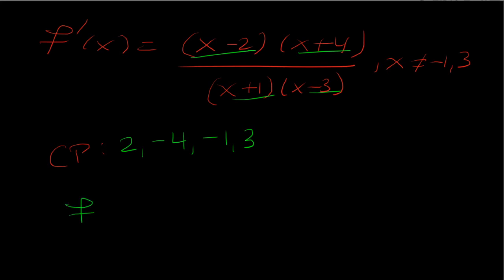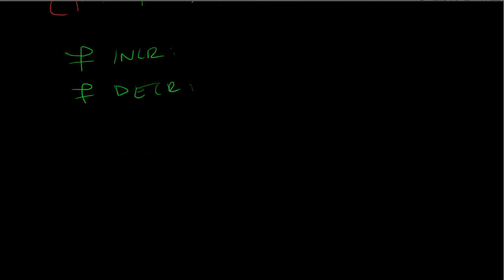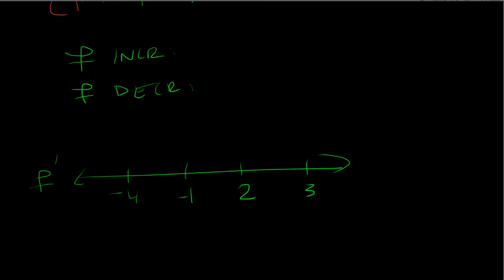Now let's see where the function is increasing and decreasing. For this one we need the number line, the first derivative test. Our critical points we said were negative 4, negative 1, 2, and 3.